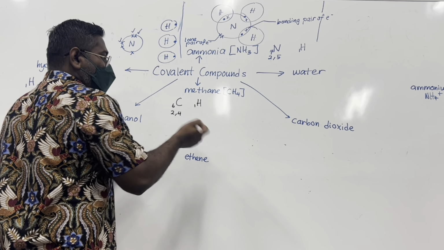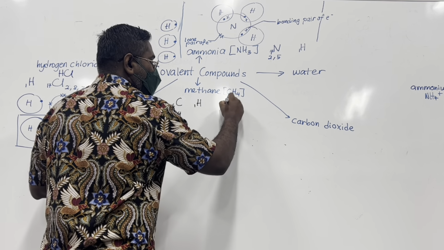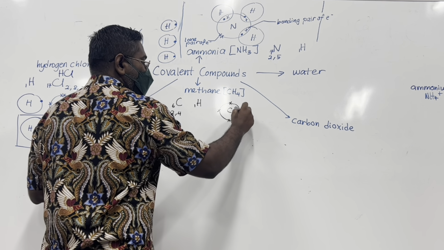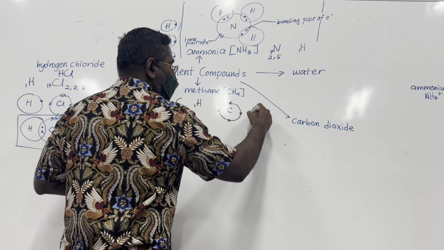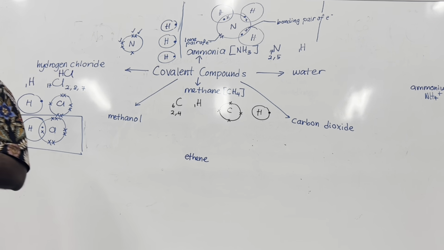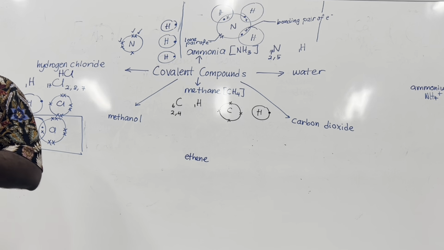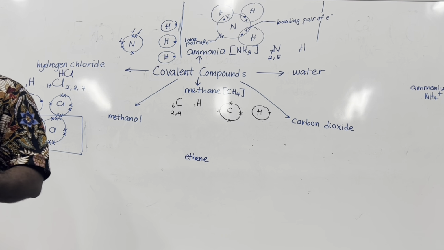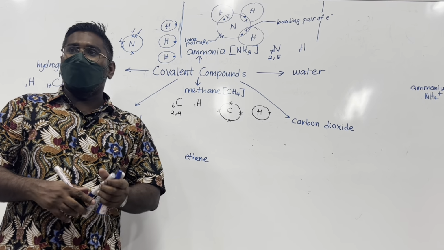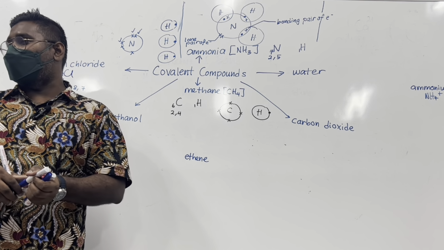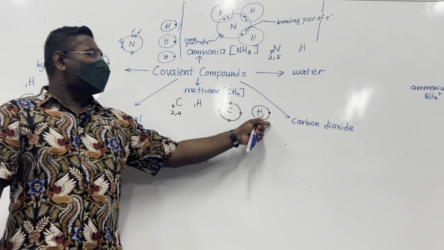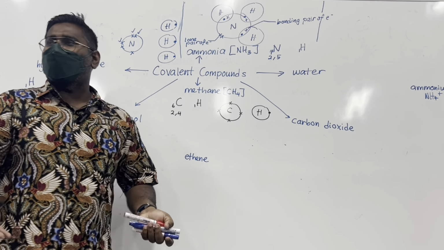If I draw carbon here, carbon has 4 valence electrons. Hydrogen has only 1 valence electron. The concern of hydrogen is to try to get 1 more electron. The concern of carbon is to try to get 4 electrons. They need to share 4 electrons. Hydrogen, no problem, I go and attach, I can share.